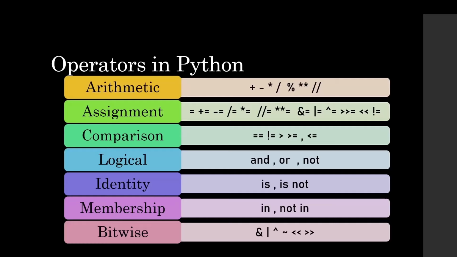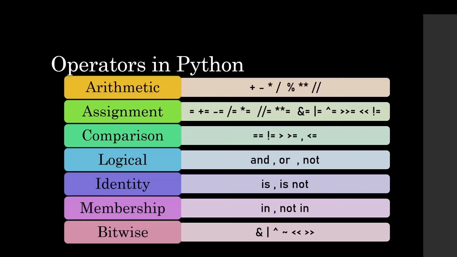For example, we will discuss membership operators when we talk about sets and lists in Python, and we will talk about comparison and logical operators when we talk about conditional statements in Python.